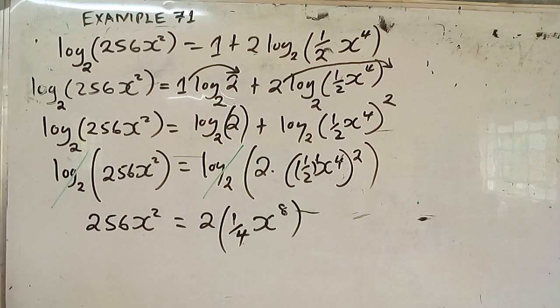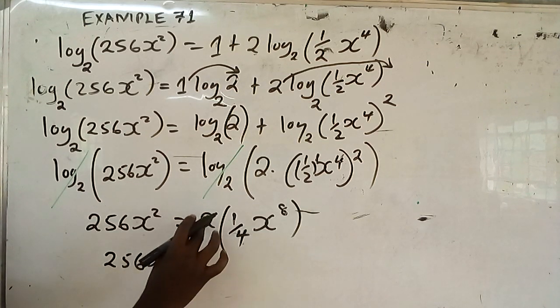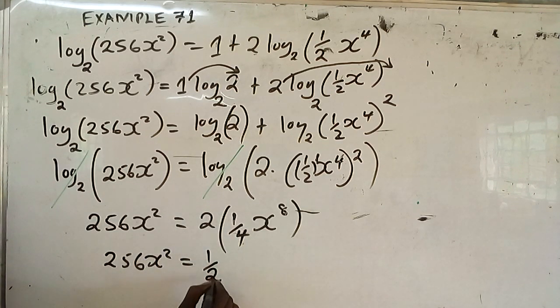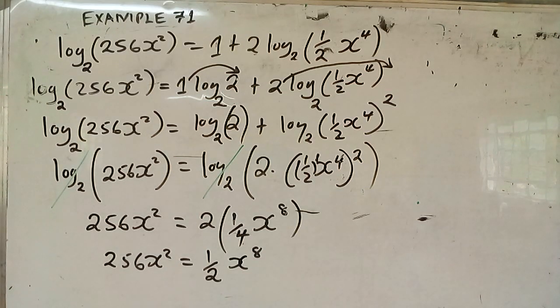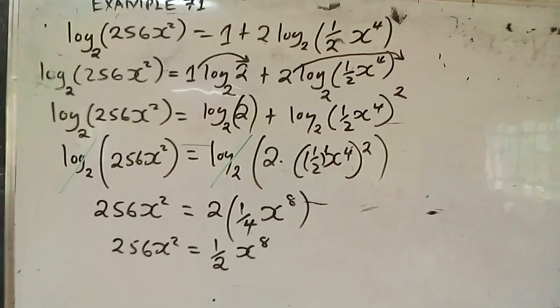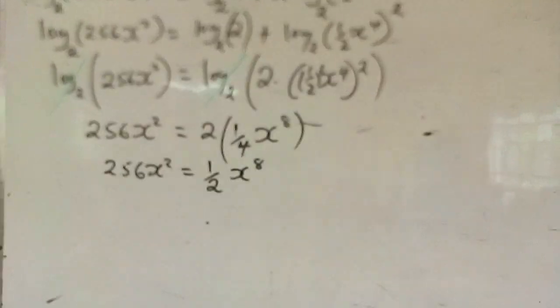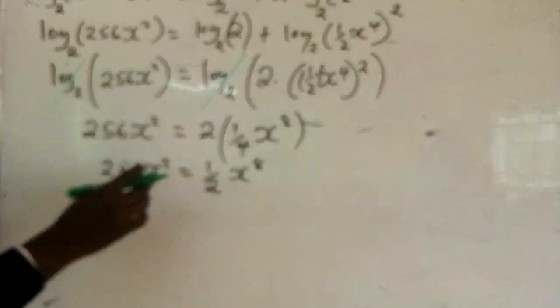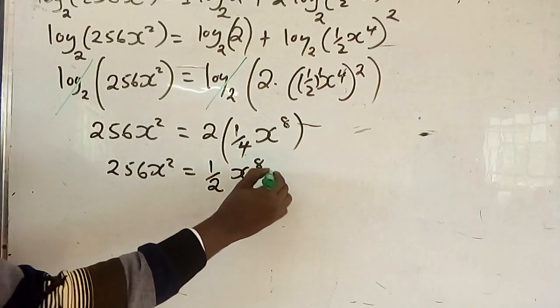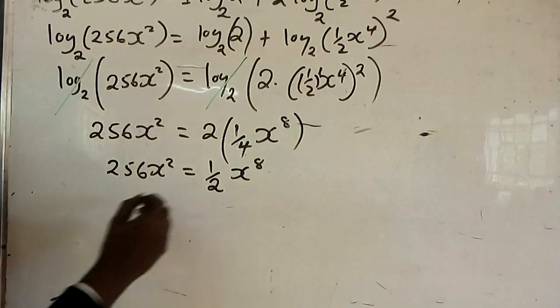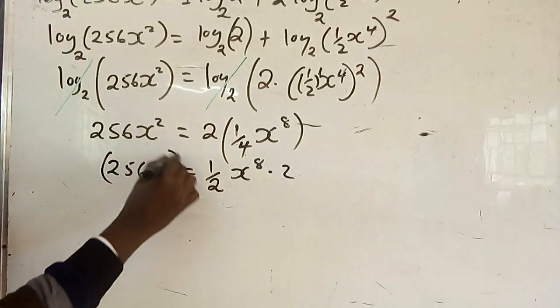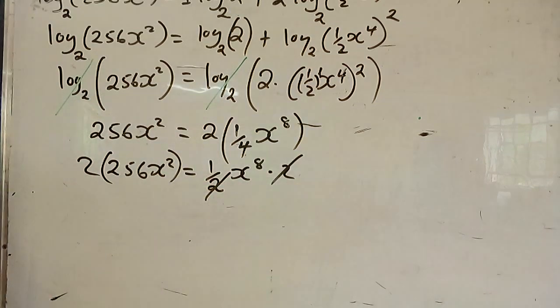Are we together? So from here, what do you see? We have 256x squared is equal to 2 times 1 over 4. So you get 1 over 2, x raised to power 8, isn't it? Then you go on. For us to get x, we multiply both sides by 2 to get rid of this half, isn't it?